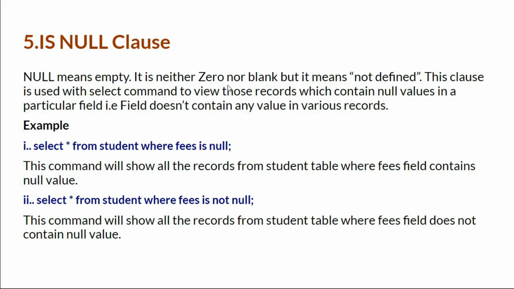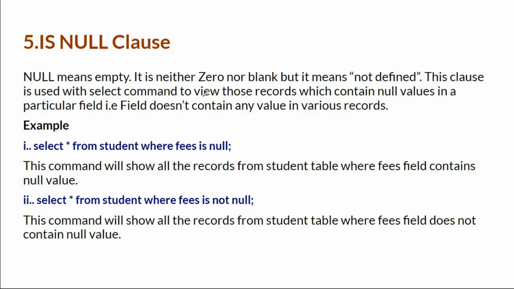It is neither 0 nor blank, but it means not defined. When you don't have a value, then it will be called null. And here we are going to find out which are not null, so those fields alone will be given as output.